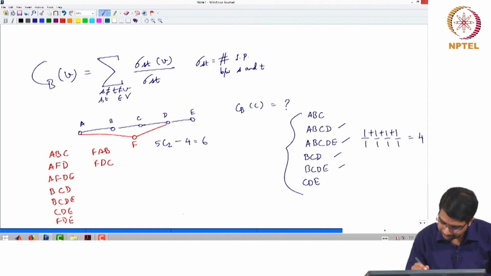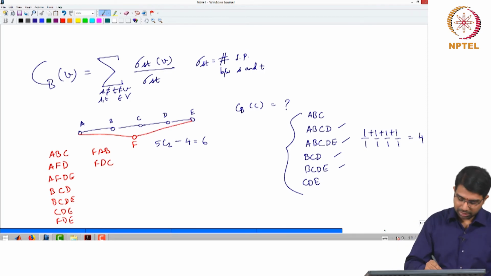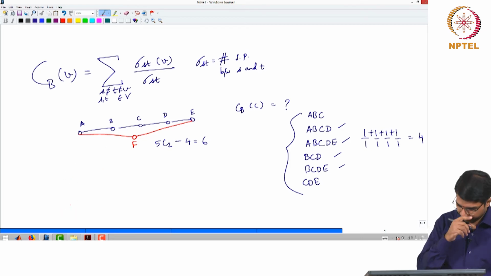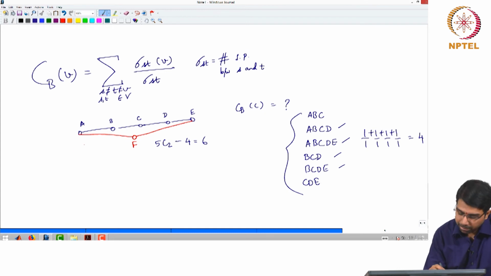So actually this does not turn out to be a very good example, I think I need to turn this, right. Let us just work with this now. Right. So now what are the shortest paths?